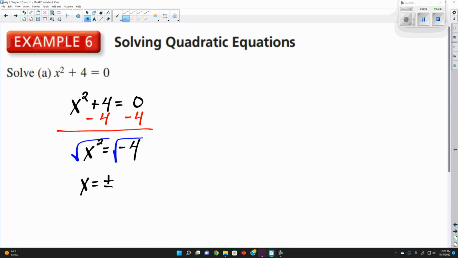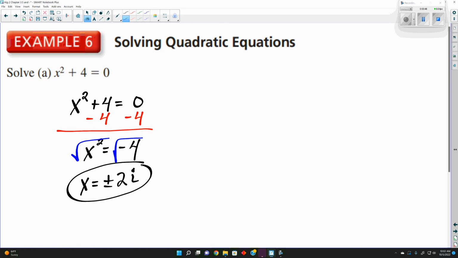Up to before this week, taking the square root of negative 4 we couldn't do, because we didn't know what times itself would give us negative 4. But now we know that the negative is going to come out as i. It's our square root of negative 1. It'd be 2i, because the square root of 4 is 2. So we get this here.